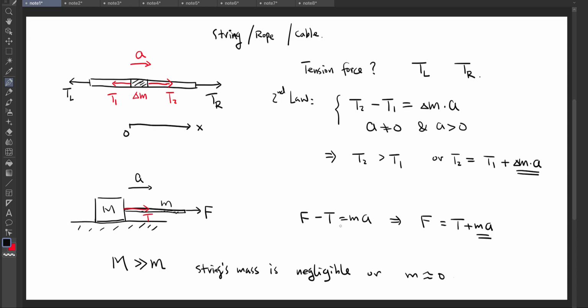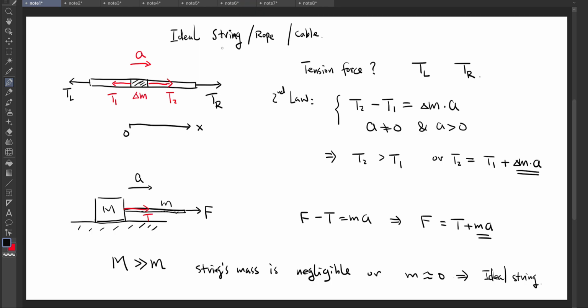So that's why I want to add some condition here for the string. Usually we don't want to go into the trouble of writing down the mass of the string, of the rope or the cable. So we're going to say it's an ideal string, ideal rope, etc. That would mean the mass here is almost 0.